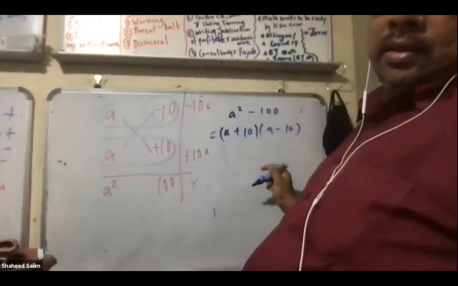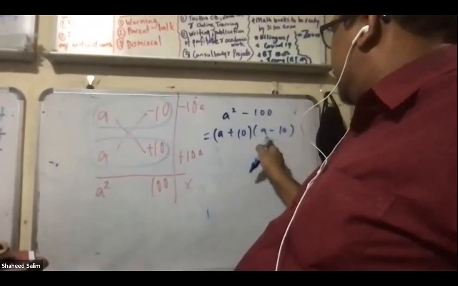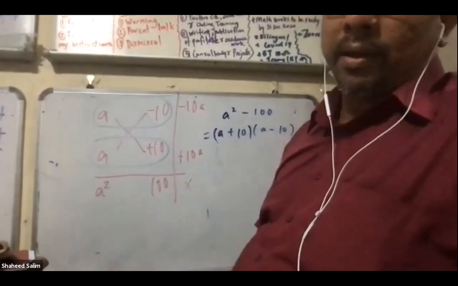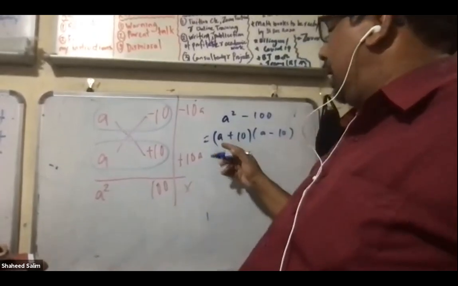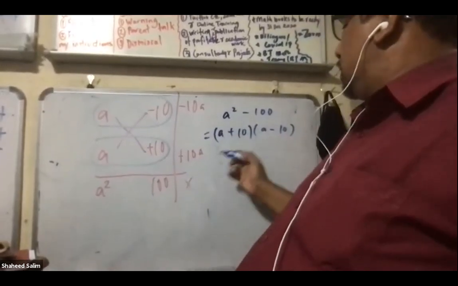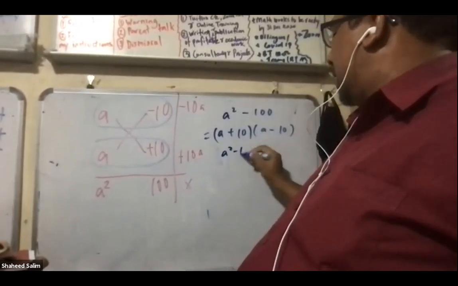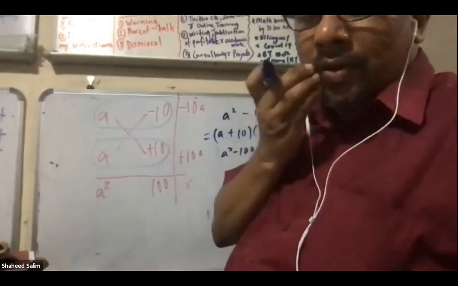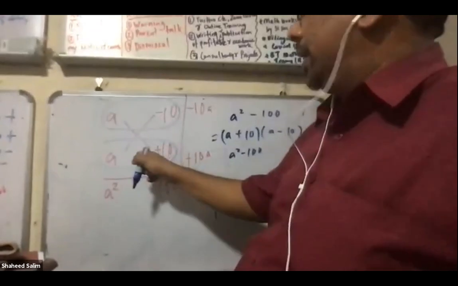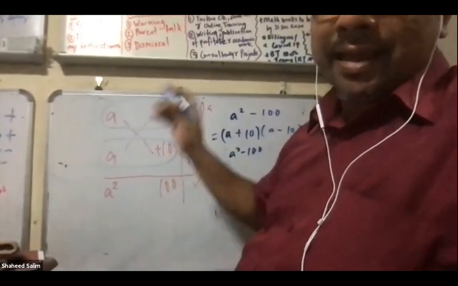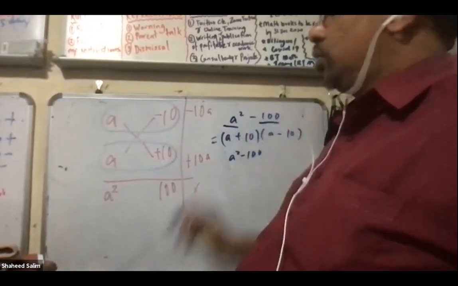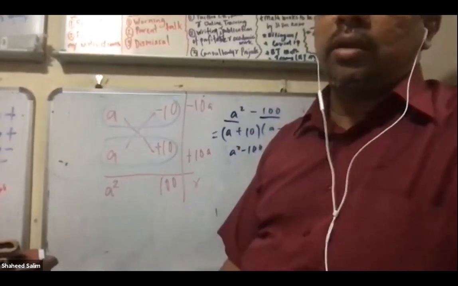Because you have learned just now, if this is same, this one is same, plus or minus, the center term disappears. The 10a disappears. So you will get a squared minus 100. You get it? But down here, it's safer to do it like that. But this can only work if this one can be square rooted. If it cannot be square rooted, aduh, headache.